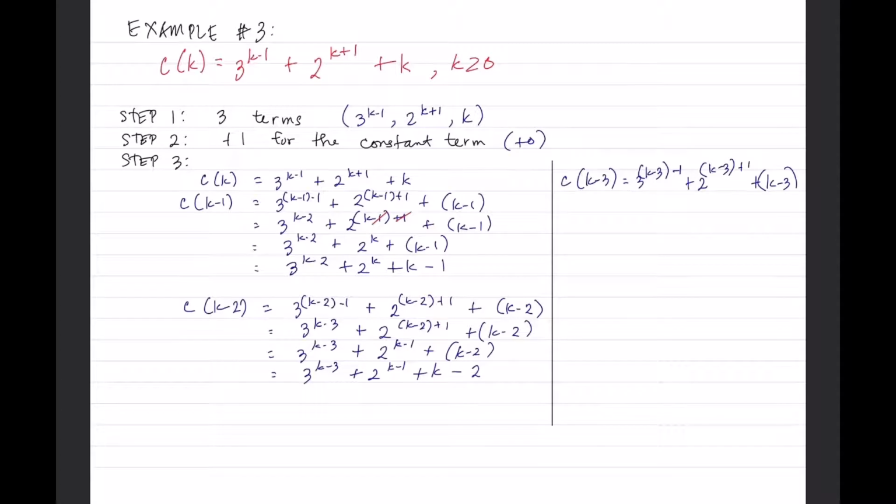So I prepared a fourth video which considers C of k minus 3 in the solution, and that would lead us to a third order recurrence relation with a constant on the right hand side. But for this video, we'll just use the first 3 equations to get the second order recurrence relation.